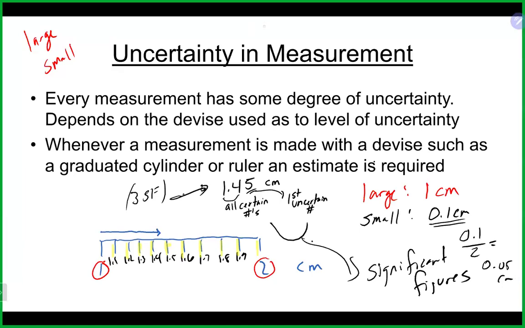So sometimes people will record this as 1.45 centimeters plus or minus 0.05 centimeters as the uncertainty of that measurement. For the most part, when you record a measurement as 1.45 centimeters, you're basically saying, I think it's 1.45, but maybe it's 1.46, maybe it's 1.44. It's usually plus or minus 1 in that last digit, which is as close as you want to take a reading to.